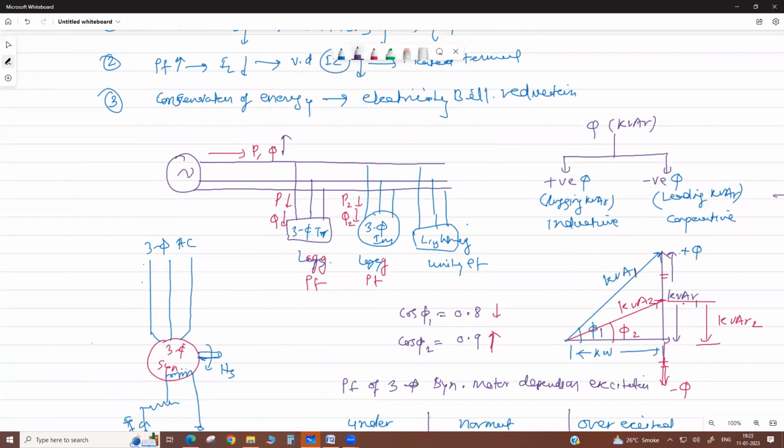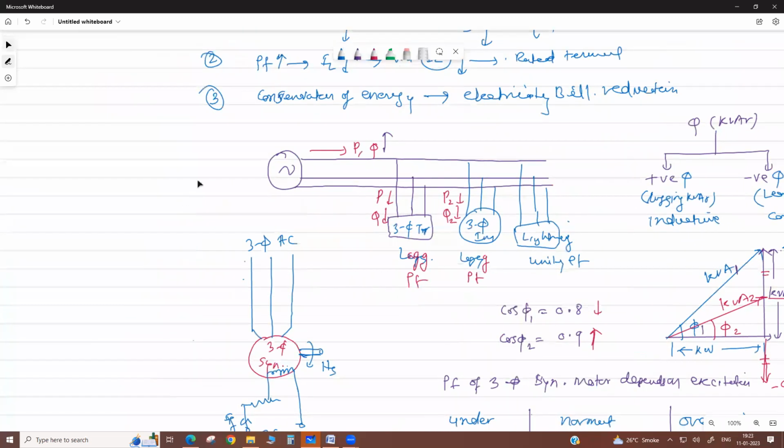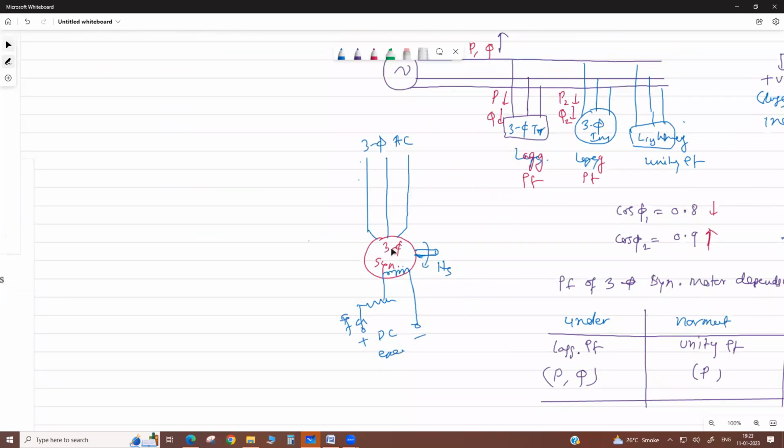Then the power factor is improved because net reactive power is reduced, correct?